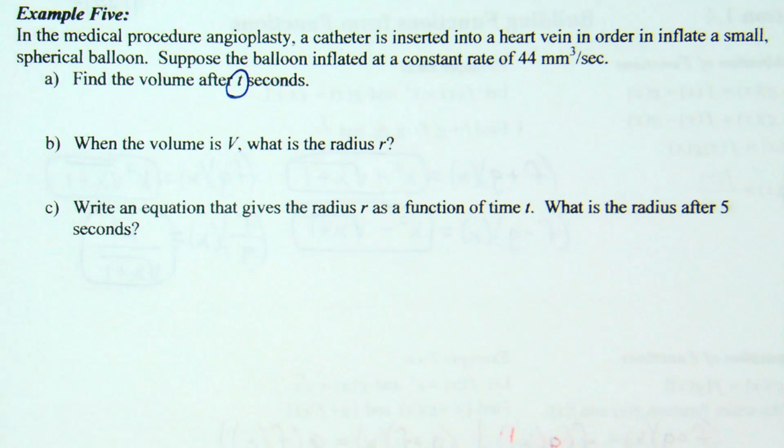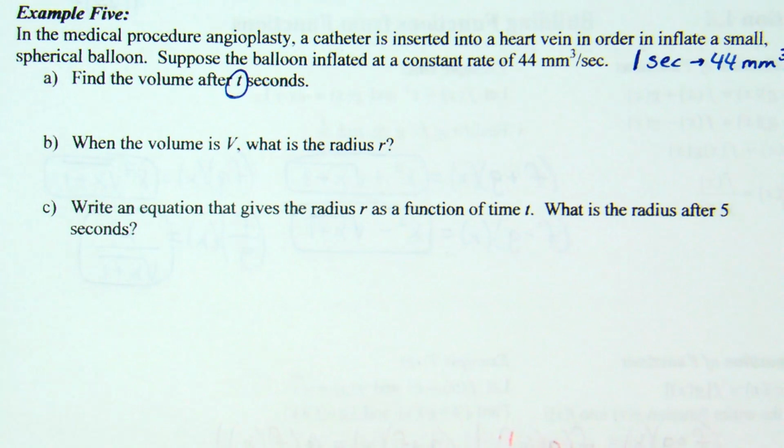So work with me here. At 1 second, what do we know? 44 cubic millimeters, which technically, cubic, guys, what is that labeling? Volume. So after 1 second, the volume of this balloon is 44 millimeters cubed, yes?